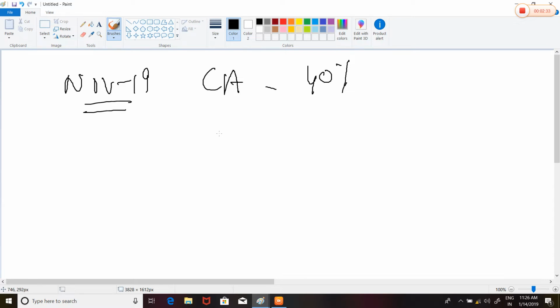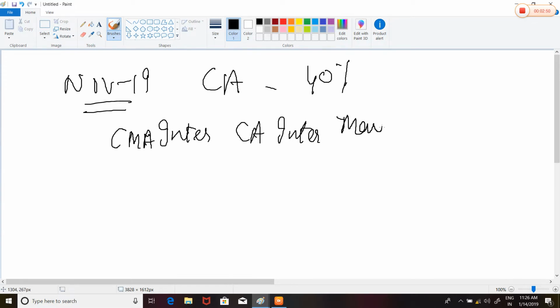Now, if any student is doing both CMA inter and CA inter in May or June, you know that due to Lok Sabha elections, CA intermediate exams are most likely to be conducted either at the end of May or start of June.